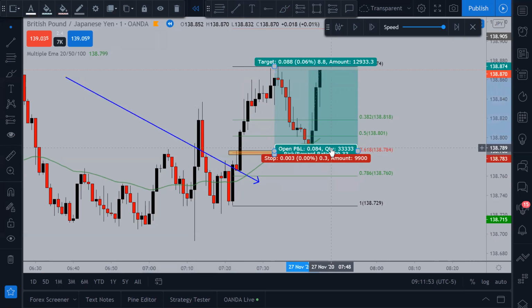But in all the back testing that was done with this strategy, more often than not, if you didn't go to break even, it'll go to your stop loss. It's the percentages, like 55, 60%. So you want to make sure you put yourself at break even. You want to protect your capital.